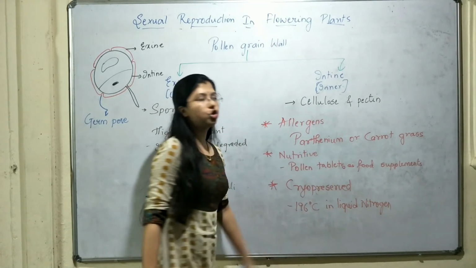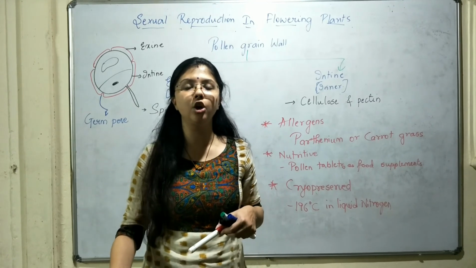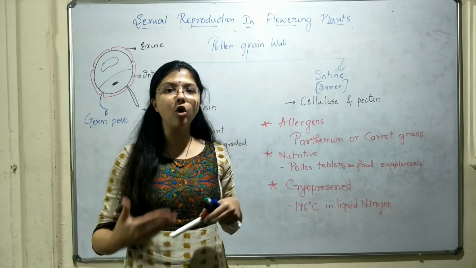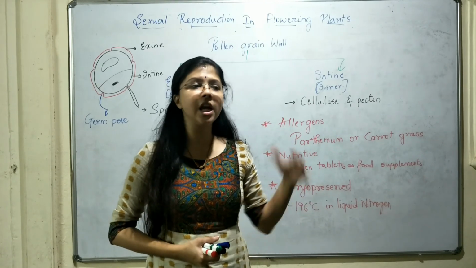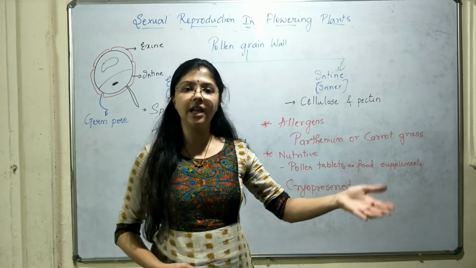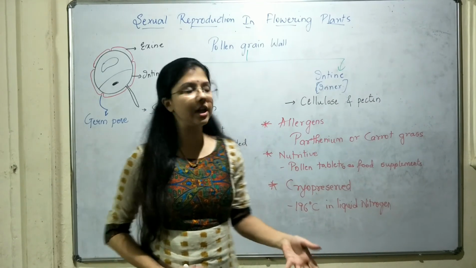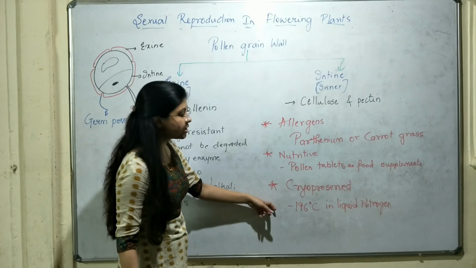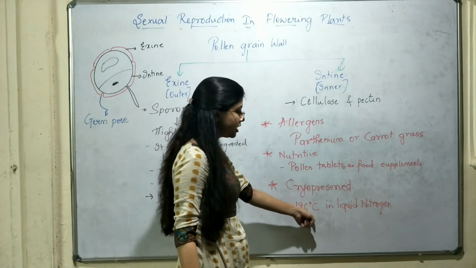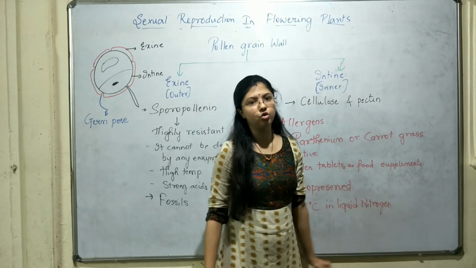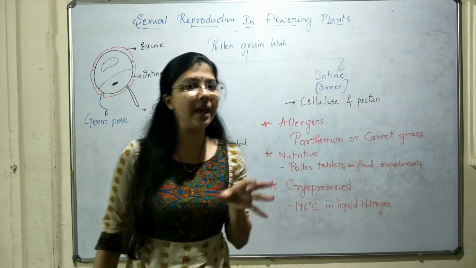This liquid nitrogen will help the pollen grains to remain as they are for a long period of time. After that long period, they can be used for fertilization when and whenever required. Artificial fertilization can be done with the help of these cryopreserved pollen grains, which are stored at minus 196 degrees Celsius in liquid nitrogen.